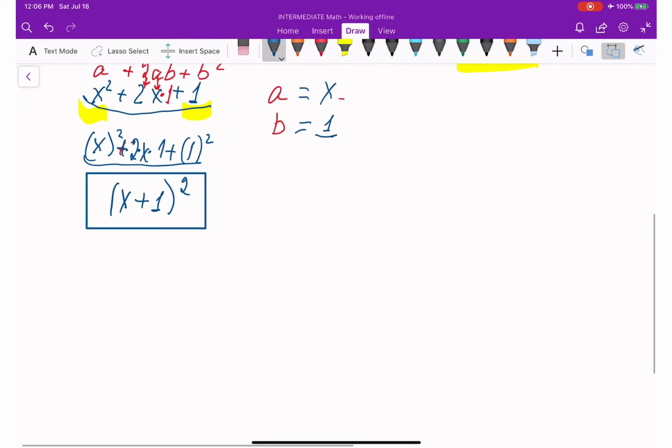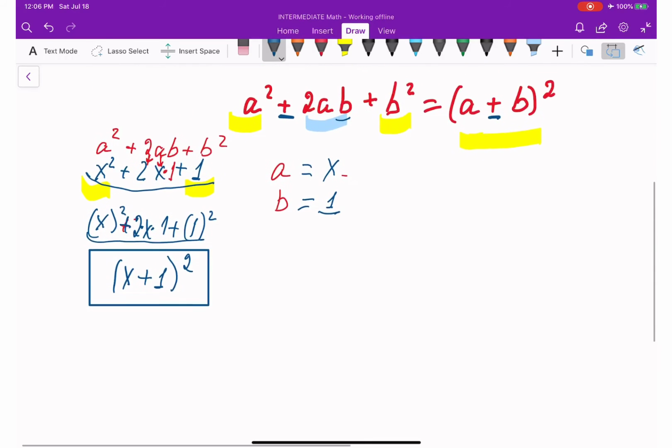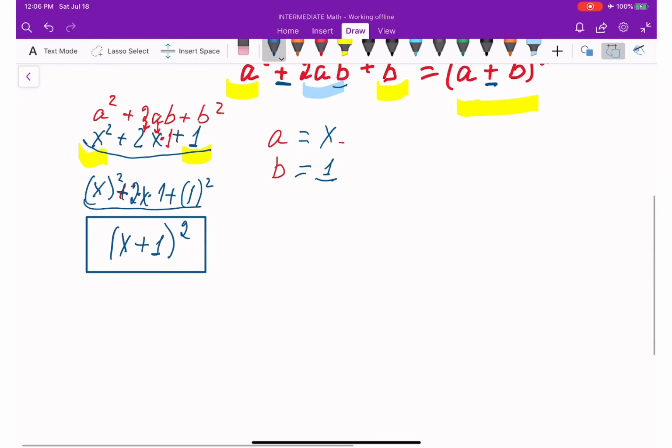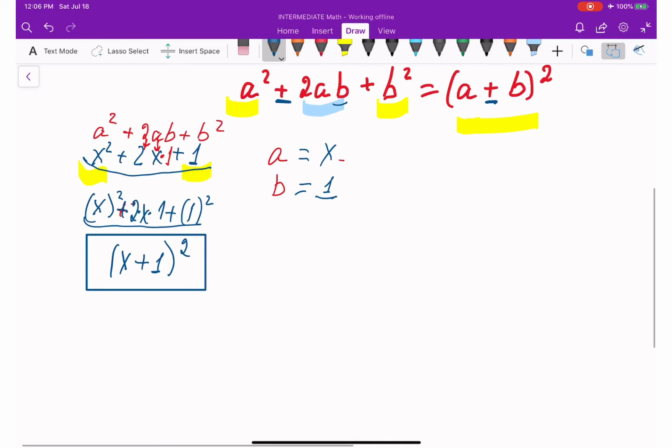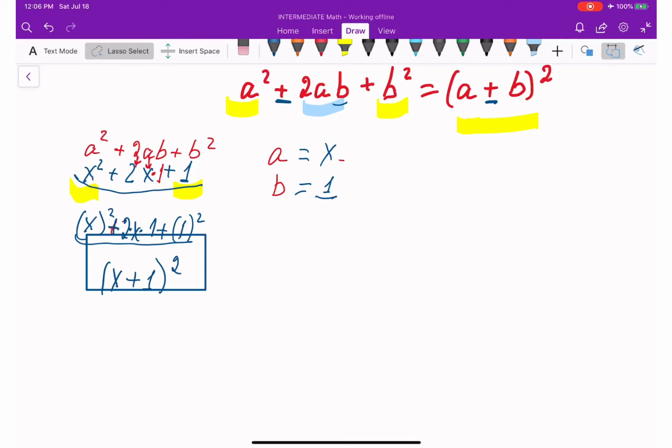Next one. y squared minus 16y plus 64. What we are checking, first of all, is the square of this and the square of this.